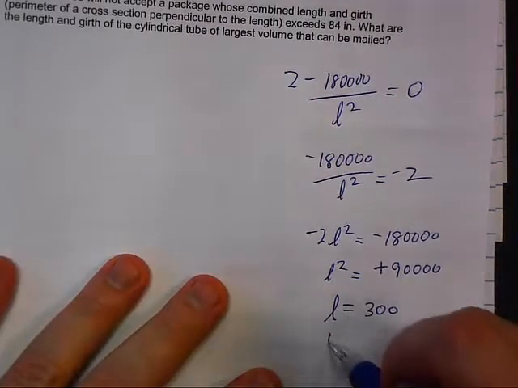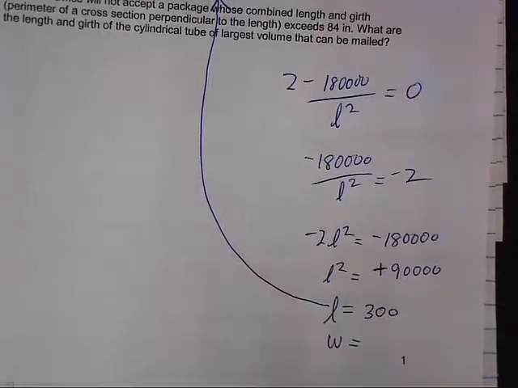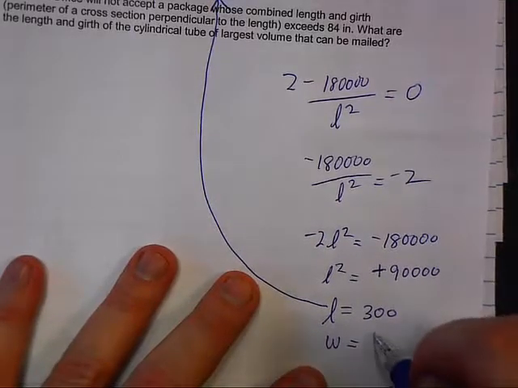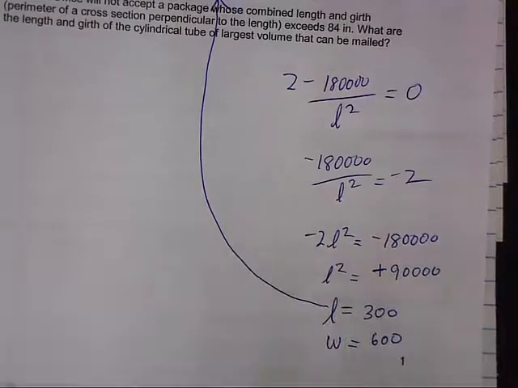So W would be, I would take this and plug it in back up there. 180,000 divided by 300 is 600? Yes? Yes. So apparently we should build our fence to be 300 by 600.